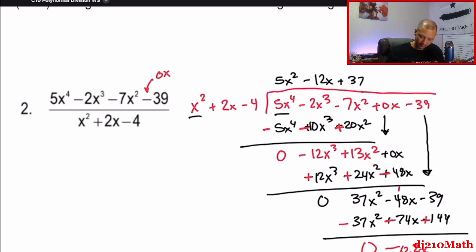And then positive, it's going to be 144 minus 39 is 105.